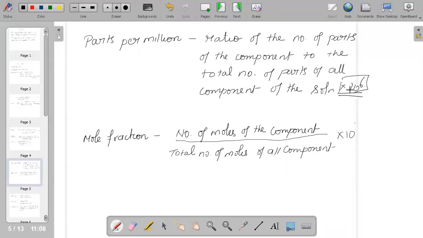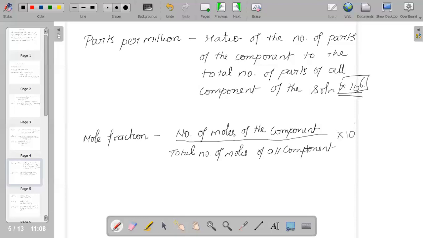And when we talk about mole fraction, what do we say? Mole fraction is the ratio of the number of moles of the component in the solution to the total number of moles of all the components in the solution.